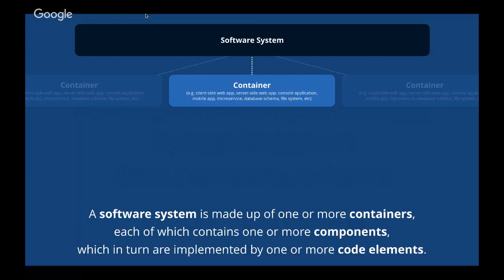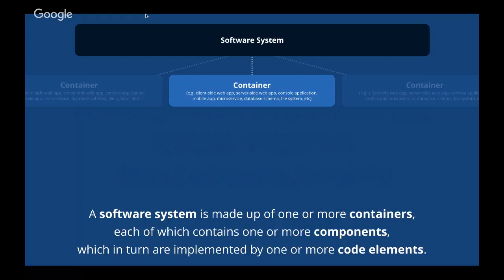But essentially, a container is a separately runnable or deployable thing. In real terms, it's something like a client-side web app running in your browser, a server-side Spring MVC web app, a Java console application, a mobile app, maybe a microservice, some sort of database schema, a file system, and so on. So it's something that needs to be running for your system to work.